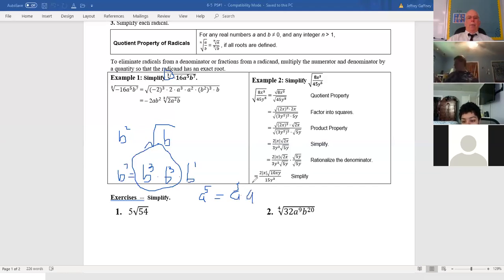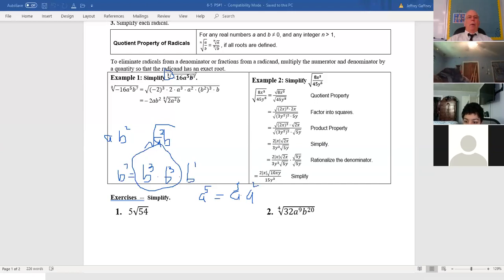Agree? All right. So the a cubed comes out from under the radical as just a, right? And I'm going to leave an a squared under the radical because I got a times a, but I really need an a times a times a to come out from under the radical.